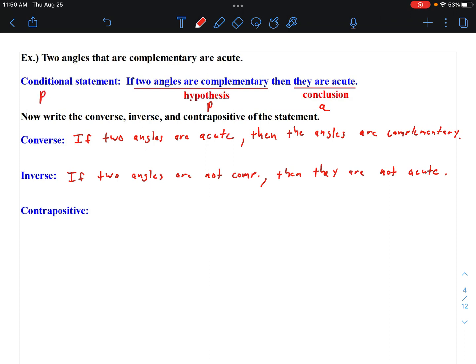So remember, the conditional statement was if P, then Q. Converse is if Q, then P. Inverse, which we just wrote, is negation P, then negation Q. And contrapositive is going to be negation Q, then negation P. So the contrapositive would say, if two angles are not acute, then they are not complementary.